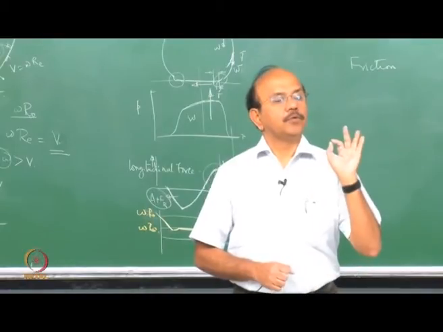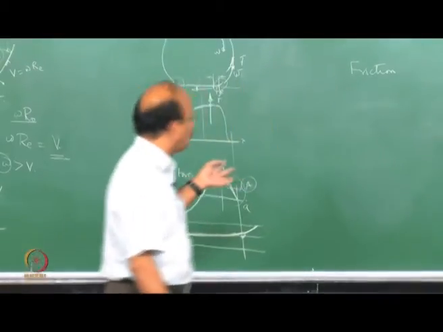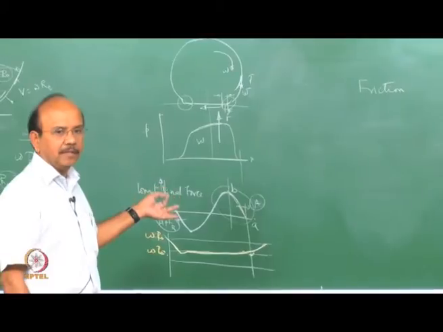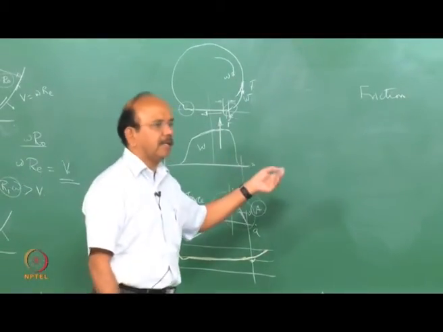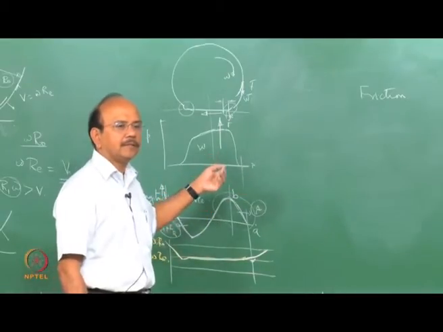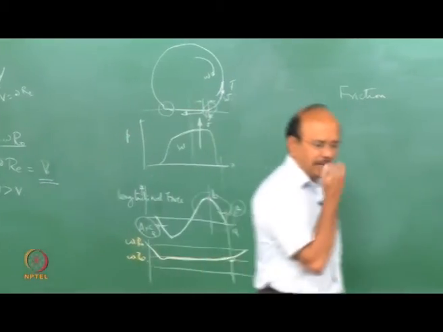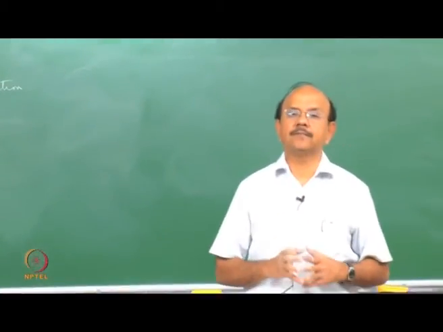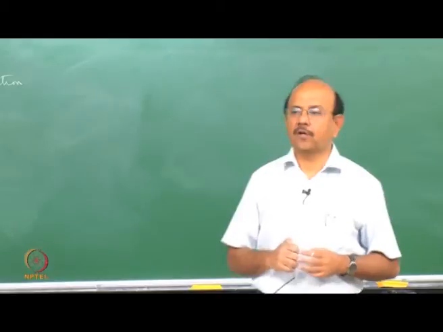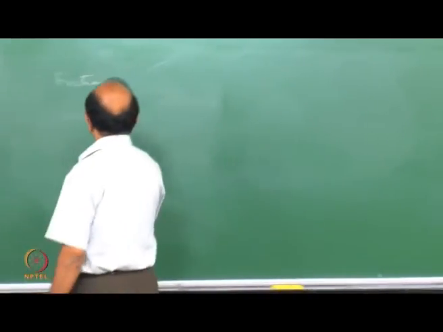Understood? So that is what is going to also play a role here, and we're going to see that for both braking as well as for acceleration. We'll take one case because the other case is just opposite. We'll take braking, we'll explain this and define a quantity called slip.